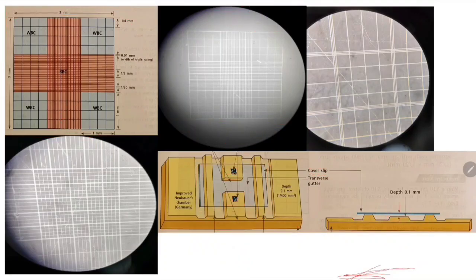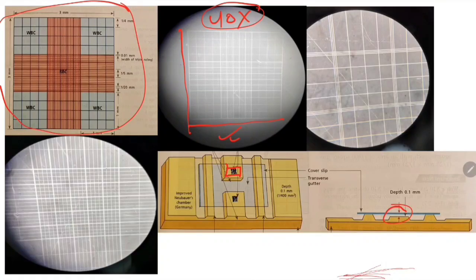So I am cleaning it. At 40x, if you magnify this area 40 times, it will look like this, and this area length is 3 millimeter, breadth is 3 millimeter, and obviously the height gap is 0.1 millimeter. Same thing here, we can see 1 millimeter, 1 millimeter, 1 millimeter.